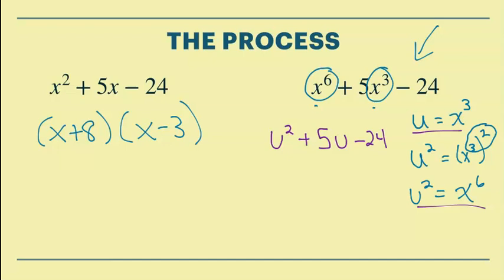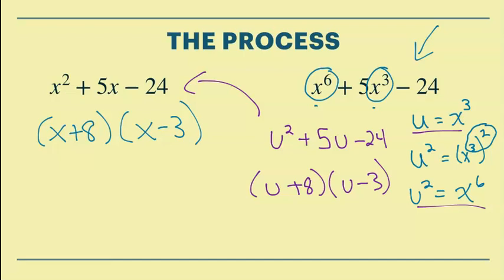Well, now this purple problem is the exact same thing that we started with over here. So when I go to factor this purple part, I can say U plus 8, U minus 3. All right, but my original problem had x's in it. It did not have U's in it. So once I have this nice and factored out, I'm going to go back and resubstitute in my x's.